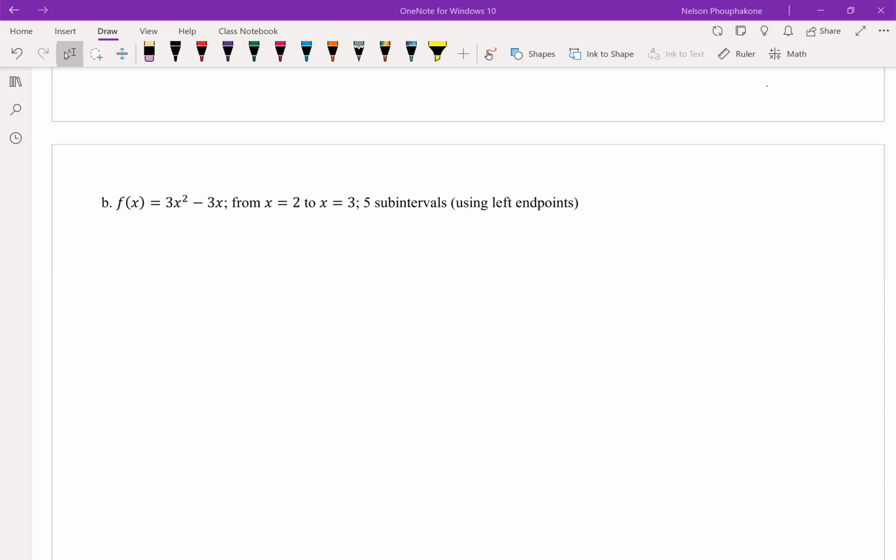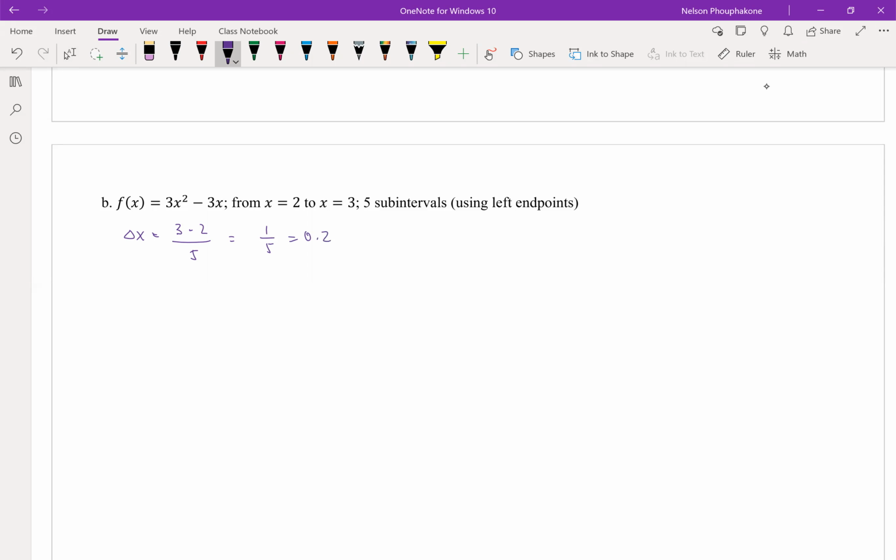Okay, so then let's see. First, again, I would like to find my delta x, which is between x equal to 2 and 3. So I have 3 minus 2 over 5. Then in this case, it will be 1 over 5, or maybe 0.2.